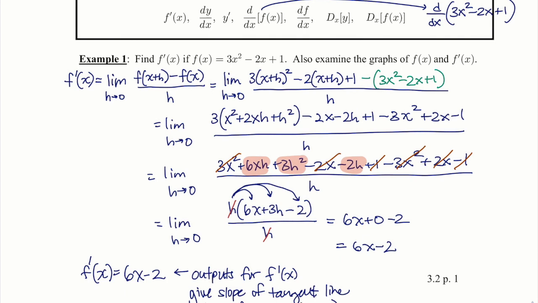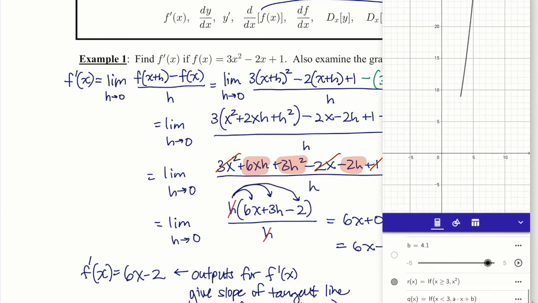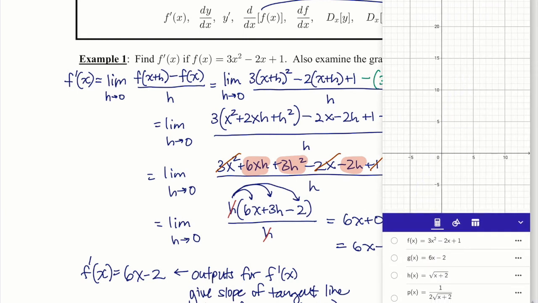So let's take a look at these two graphs and see that the y values from the graph of f prime seem to track the slope of the tangent line to the graph of f. So I have 3x squared minus 2x plus 1 and 6x minus 2 showing up here.